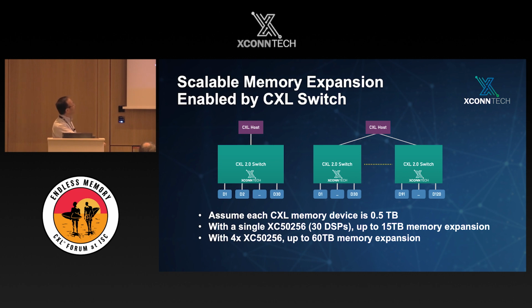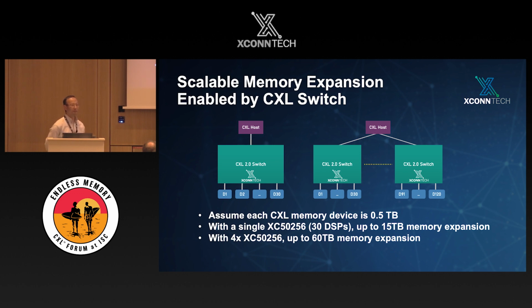Through this CXL switch, we can expand that channel. You can imagine that how many switch ports you have is how many DIMM channels you add. So our switch looks more like an amplifier: through one channel, you amplify it to many multiples of channels. Our chip is going to provide a total of 32 ports.